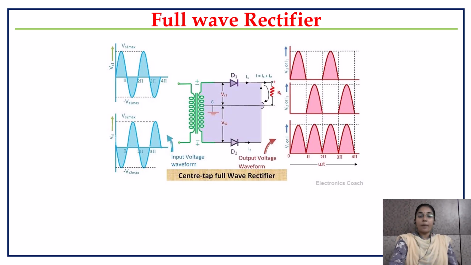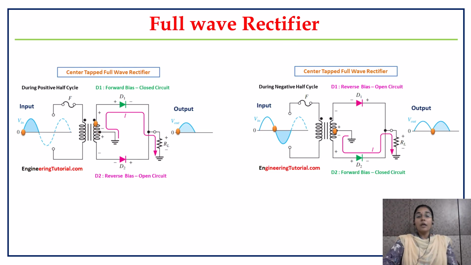So now we will see how this full wave rectifier is working. So this is the working of the full wave rectifier. Coming on to this full wave rectifier, I have this input signal which is working in the positive half cycle.